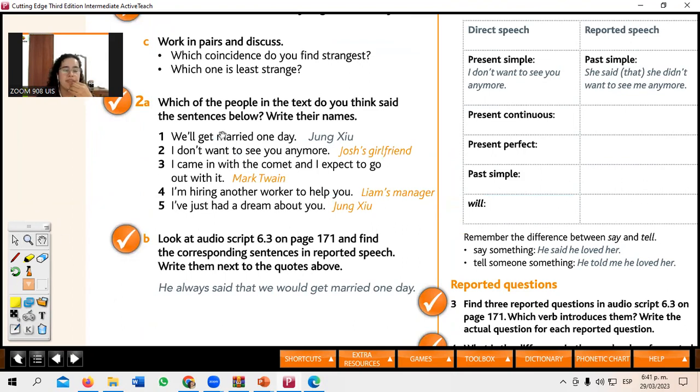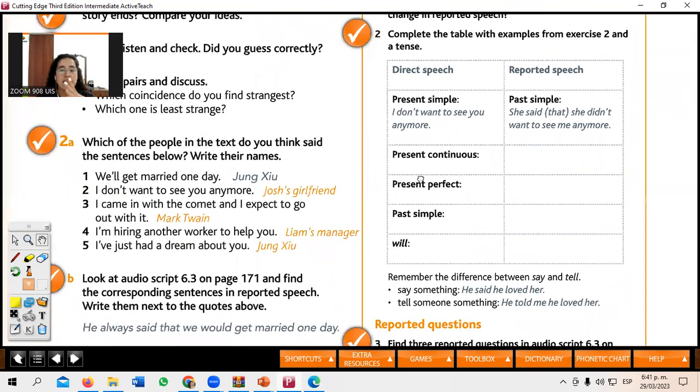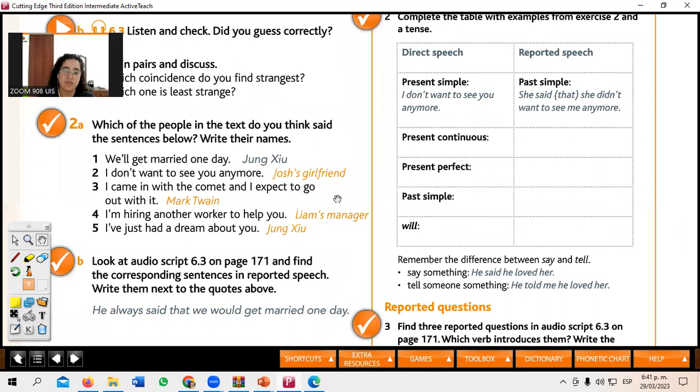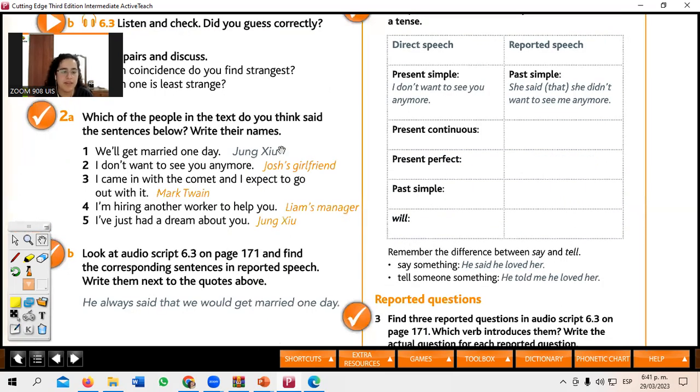So thank you guys. Now we are going to start with the explanation part or the grammatical part in reported speech, all right? So we use reported speech to talk about what other people have said to us, right? To report what someone else said, okay? So these are the original sentences.